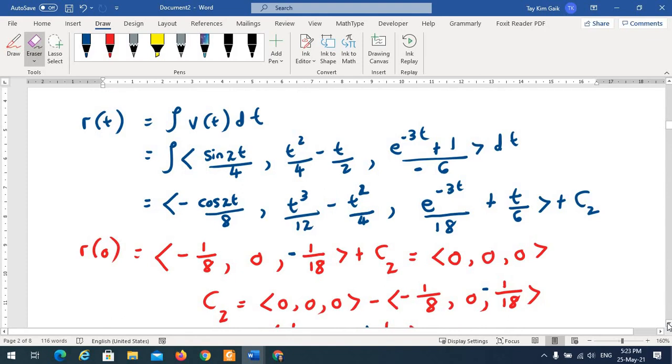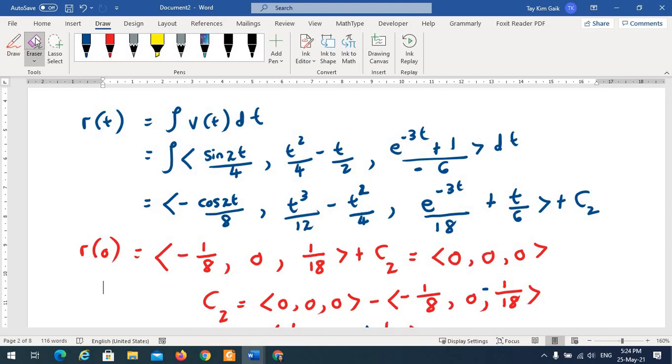When we plug in t equals 0, cos 0 is 1, so negative 1 over 8. Component j is 0. This part is positive, and e to the 0 is 1, so 1 over 18.